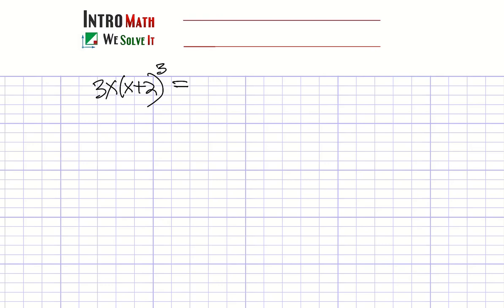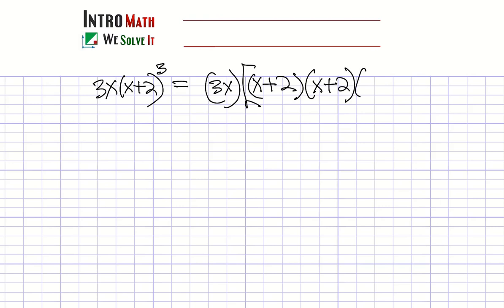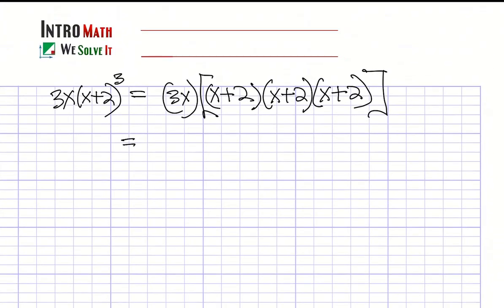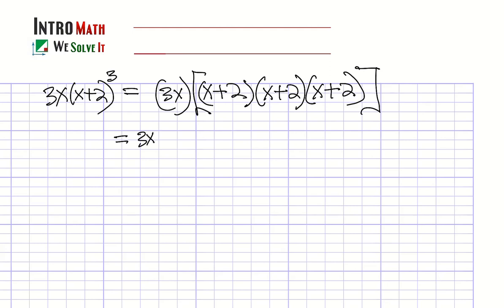We isolate 3x, we'll leave it there, and then we'll do x plus 2 times x plus 2 times x plus 2. That's all. We'll take things one at a time. We'll do that equal to 3x. We'll leave 3x there.